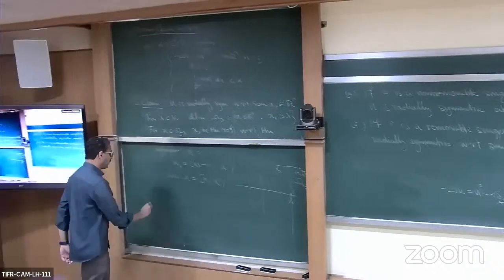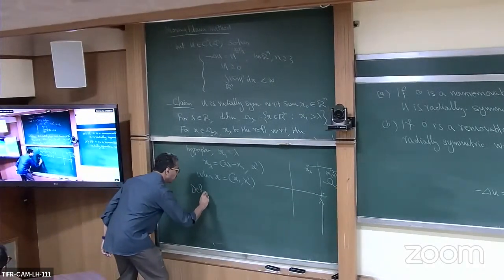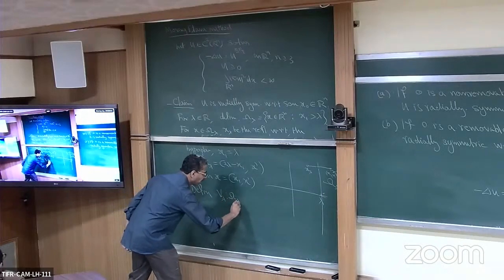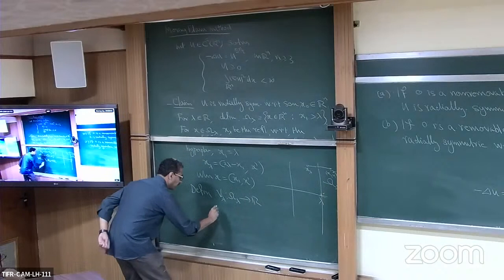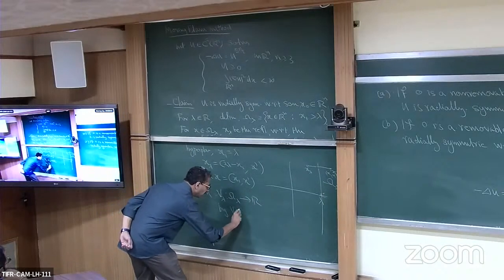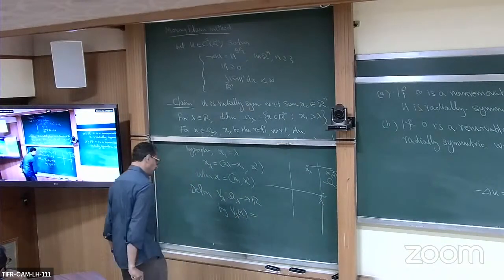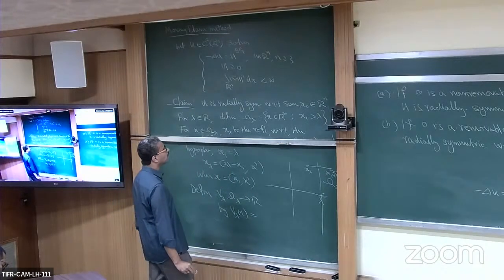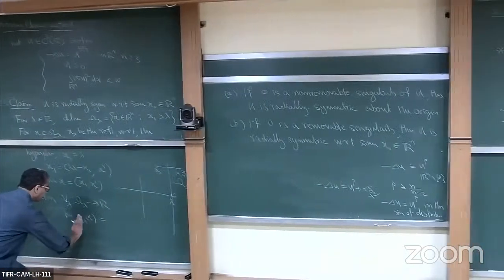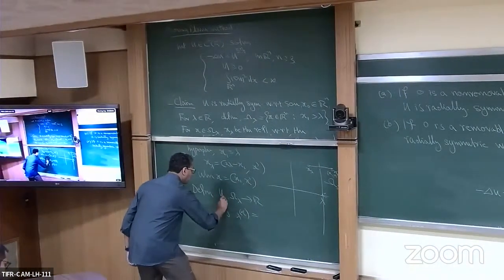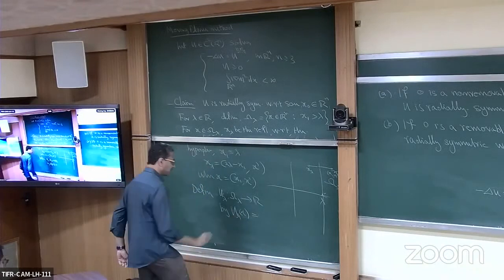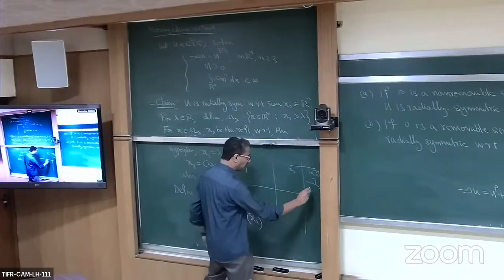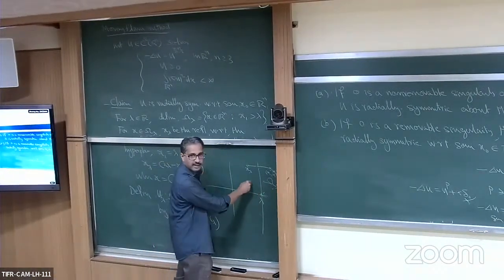So I define v lambda from omega lambda to R by v lambda of x is equal to u at x lambda. That means v lambda at a point here is the value of u at the reflected point.